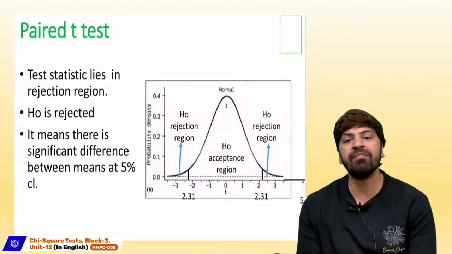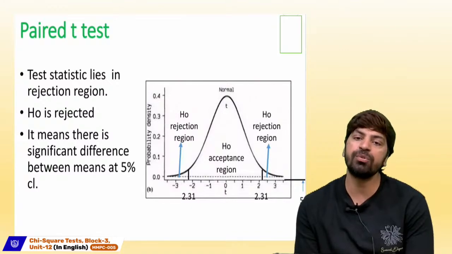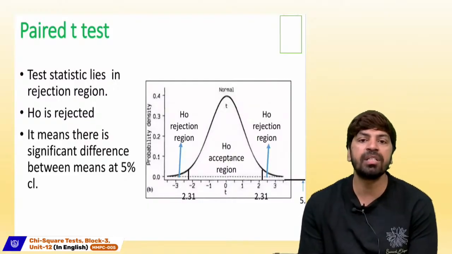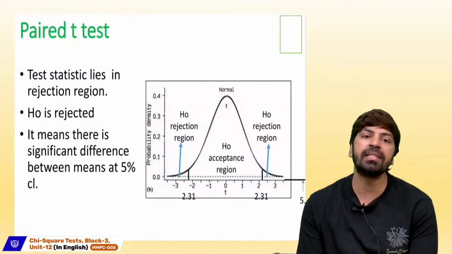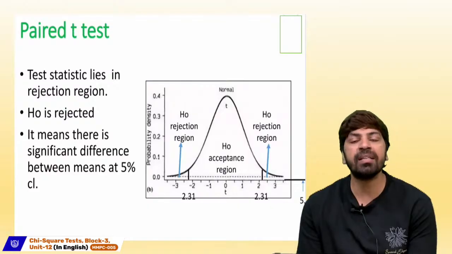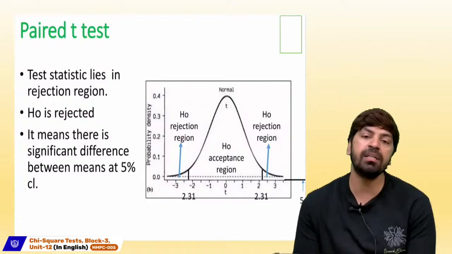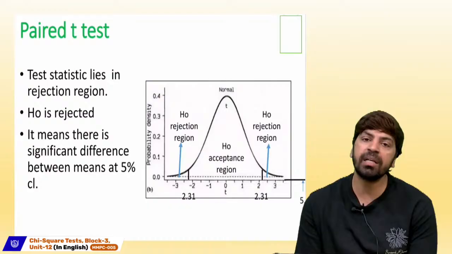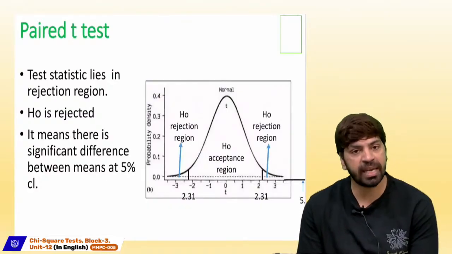Similarly, if the value comes above 2.31, we also reject the null hypothesis. If the value comes between the two, we accept the null hypothesis.